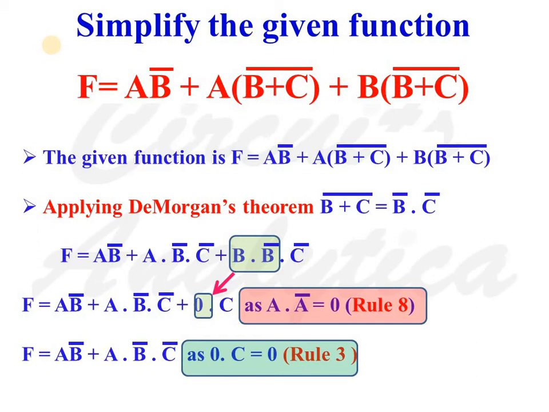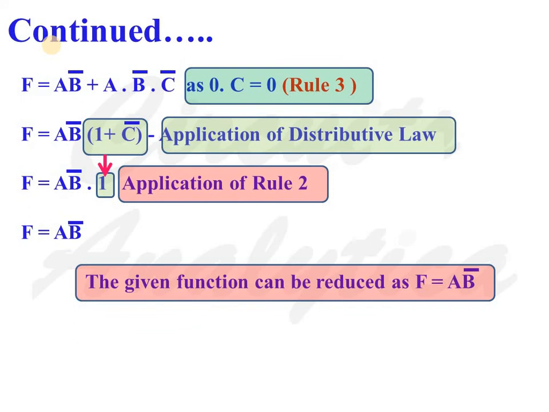Therefore, we can write F is equal to A B bar plus A B bar C bar. So, taking A B bar outside, we will get F is equal to A B bar into (1 plus C bar). 1 plus C bar is equal to 1. So, the given function can be reduced as F is equal to A B bar.